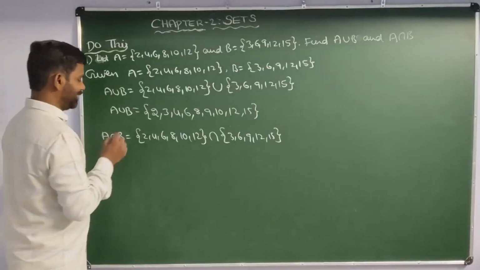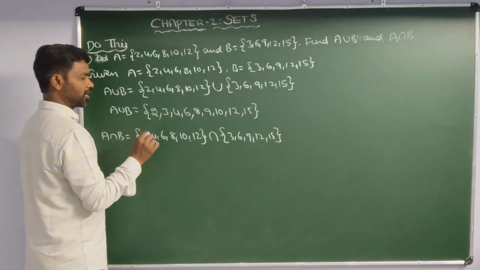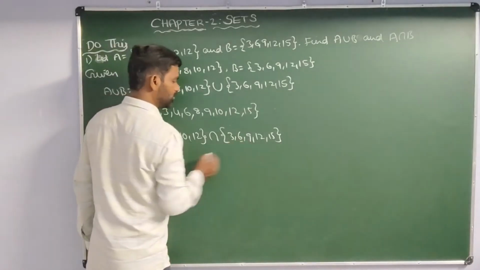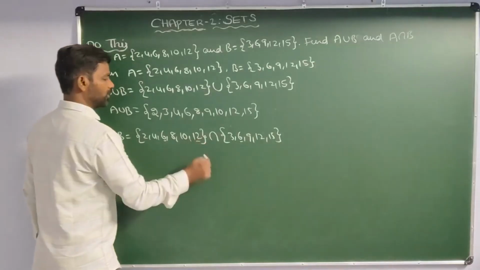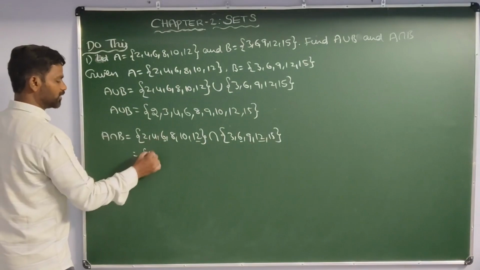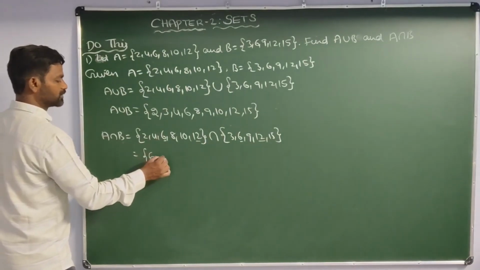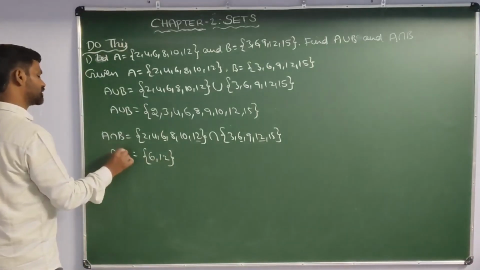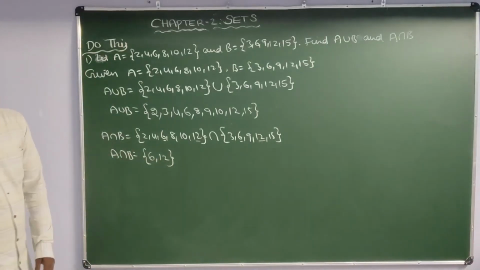Now, in both the sets, check the common elements. Here it is 6, and in this set also you have 6. Here it is 12, and in this set also you have 12. How many common elements are there? Only 2. One is 6 and the other is 12. So this is A intersection B.